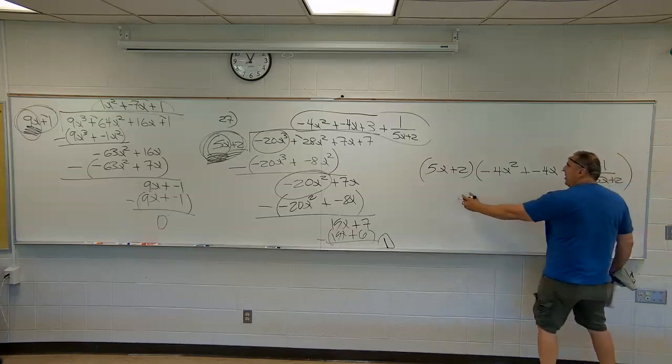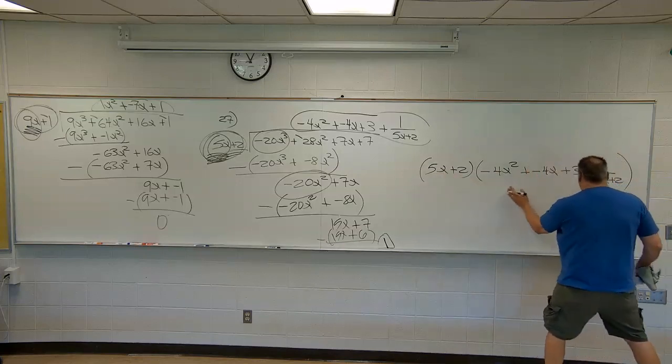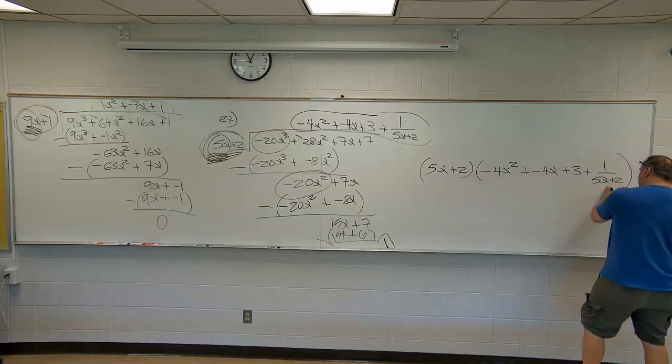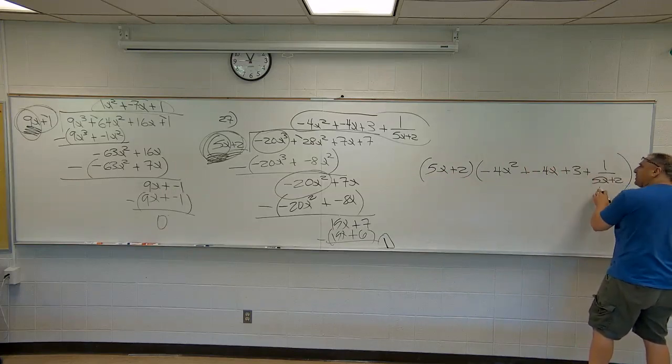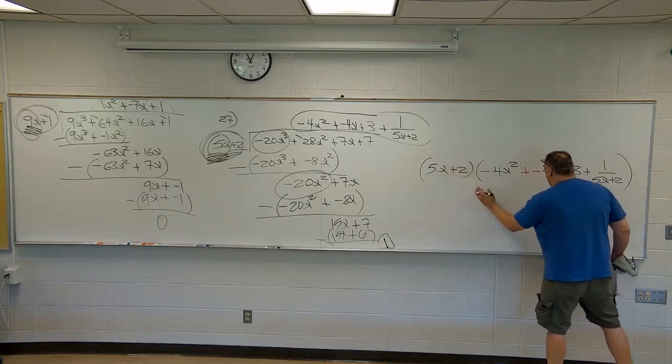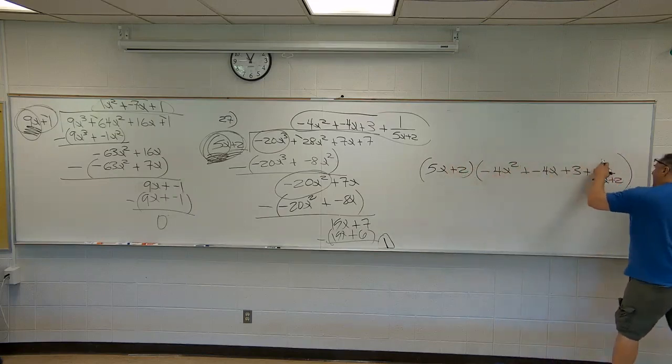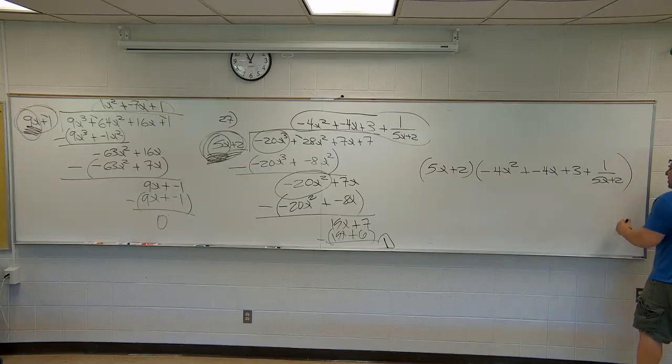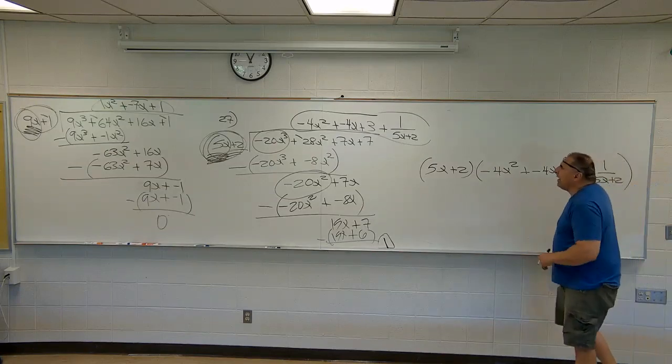If you were to distribute the 5x all the way across here, even under this one, and get 5x over 5x plus 2, and then distribute the 2 all the way across here, including over here, and get 2 over 5x plus 2. Well, 5x over 5x plus 2 and 2 over 5x plus 2 is 5x plus 2 over 5x plus 2, which is 1. 1 and 3 is 4.